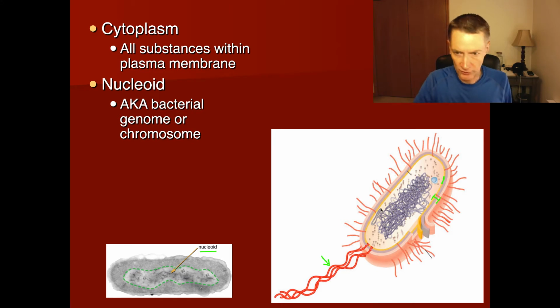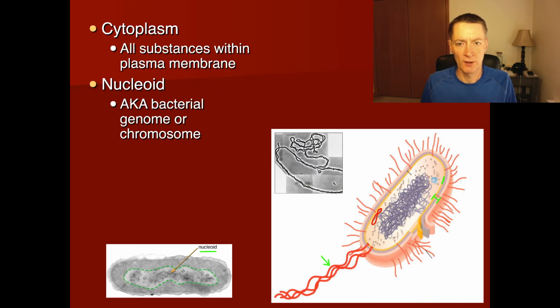Let's use red just so it shows up. Here over on the right, we see this circular piece of DNA that is similar to the nucleoid in that it is circular, okay? But it's much smaller, and we call that a plasmid. We're going to be running into these plasmids a little bit later, okay?